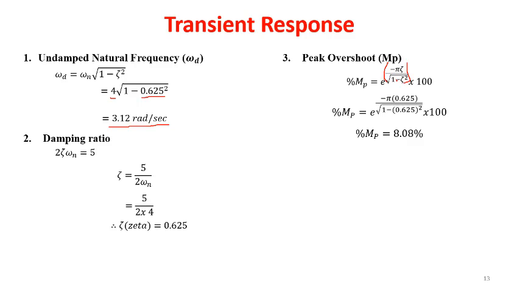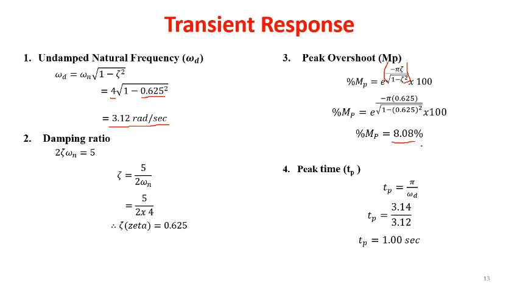Take e to the power, get the value, then multiply. That is being shown here. So here we have e to the power minus pi into 0.625 by root of 1 minus 0.625 square, into 100. The percentage we have got here is 8.08 percent.